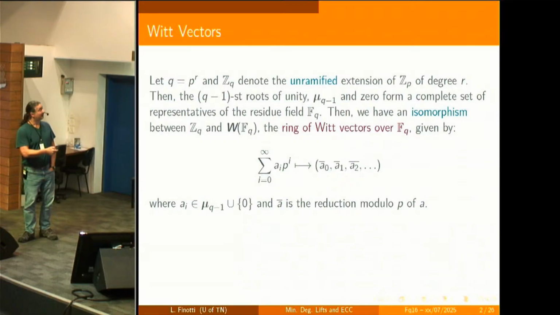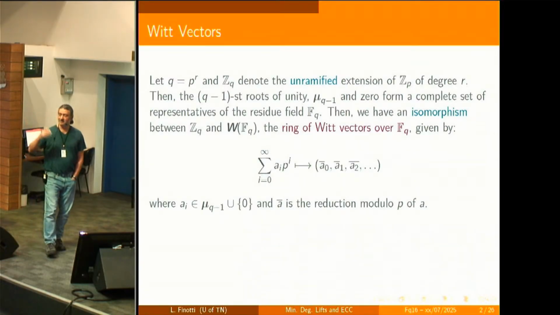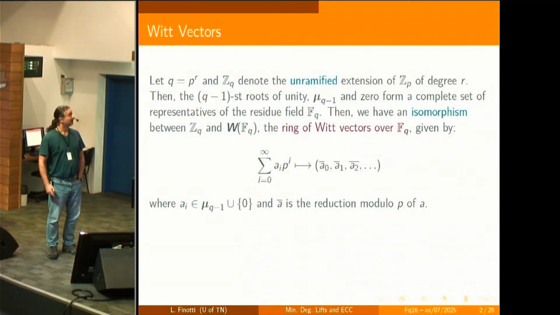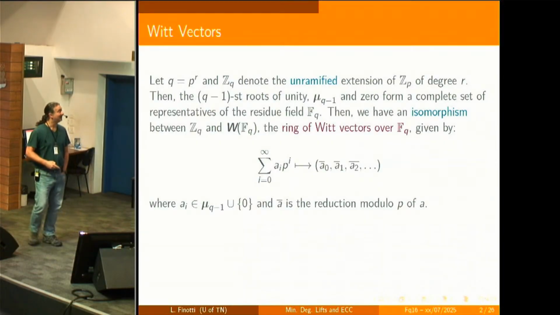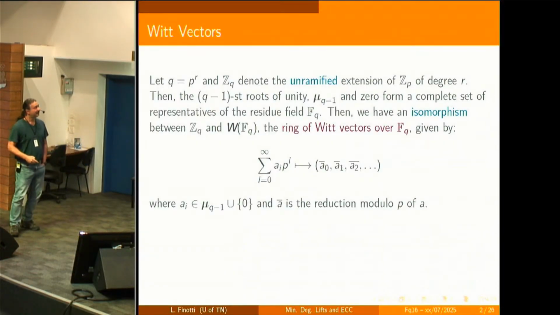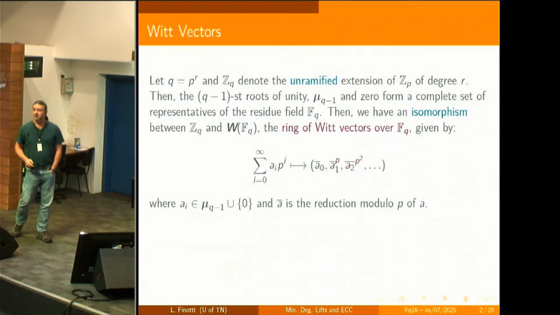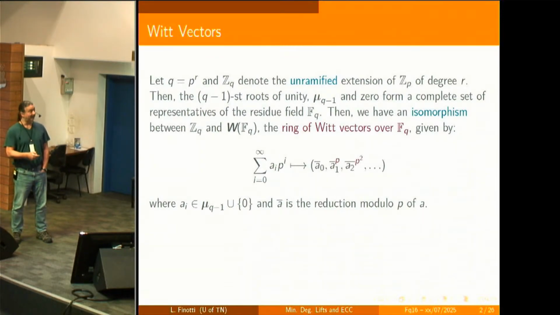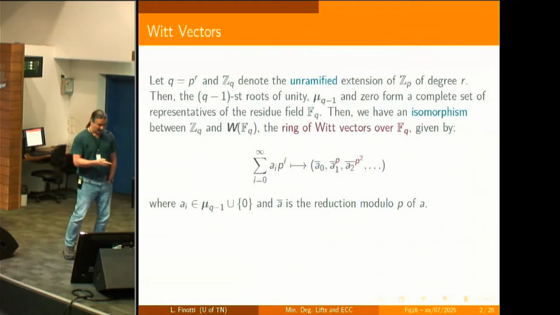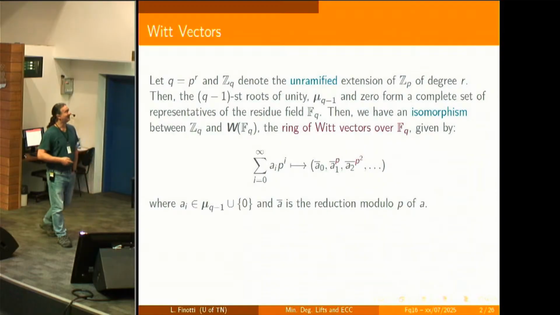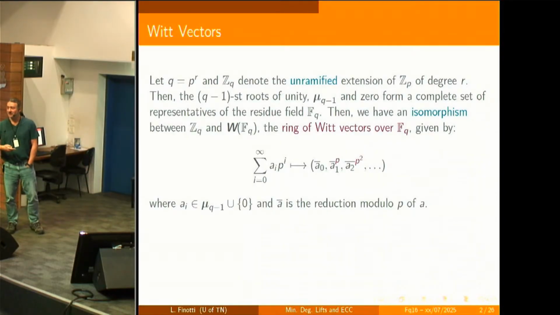In this particular case, these reductions are in F_q, a much simpler object than elements in Z_q. And for reasons that I'll explain in a second, what we usually do is take p-th powers of these coordinates: p-th for the second, p-th squared for the third, and so on. So this gives a way to visualize these elements of Z_q in a different way.